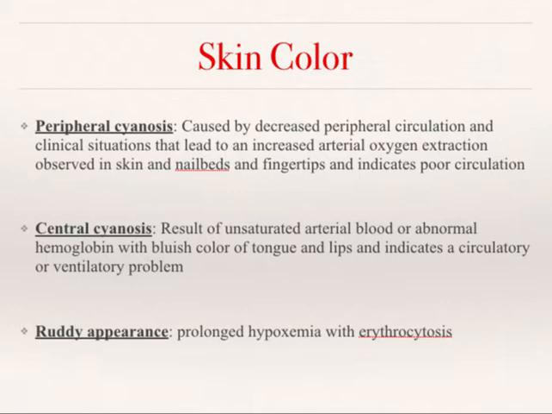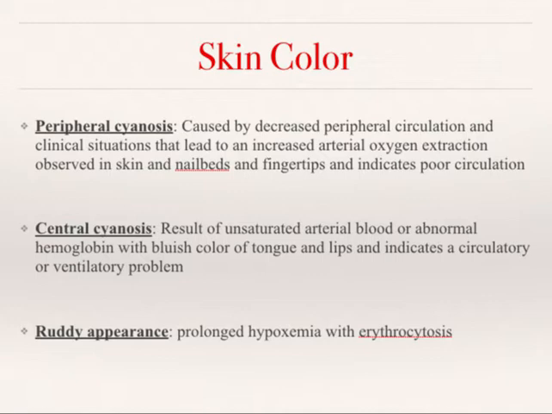This is because of unsaturated arterial blood. So with peripheral, they're oxygenated, but it's more of a perfusion issue. Central is where it's unoxygenated or lower than it should be, or abnormal hemoglobin. And that's where they'll get that central blue color, by their tongue and lips.